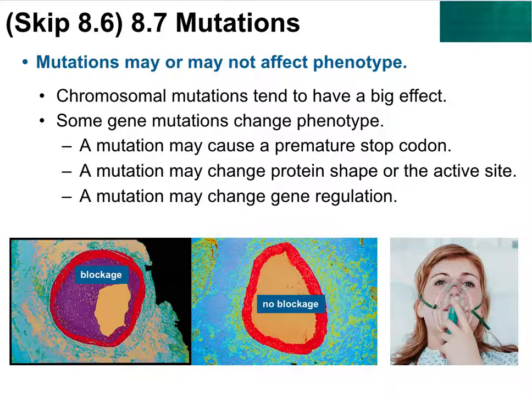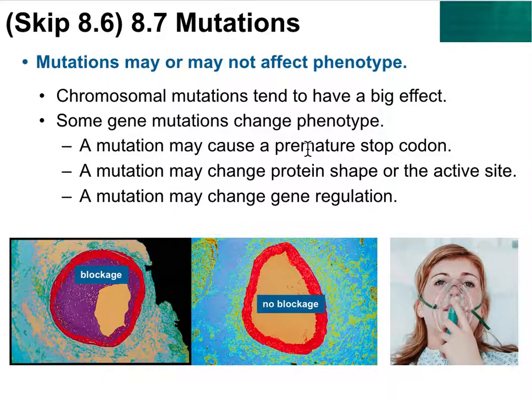So mutations, like we said, may or may not affect phenotype. Chromosomal mutations have the largest effect on an organism. Moving on from chromosomal mutations into gene mutations, in the way in which they could change the phenotype, they could cause a premature stop codon.